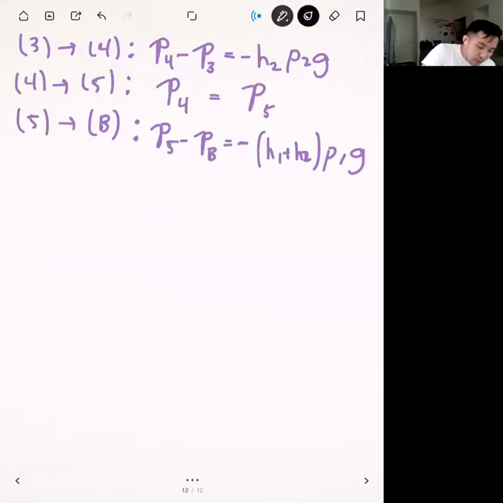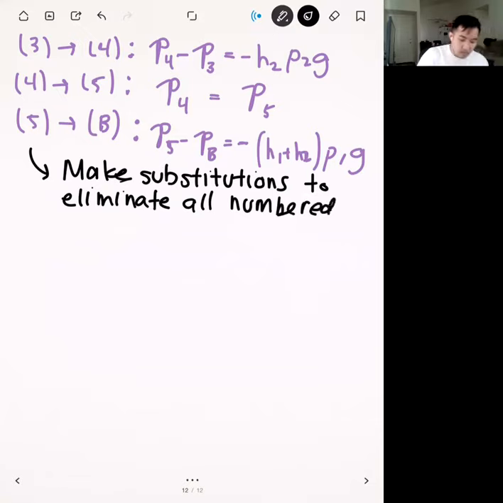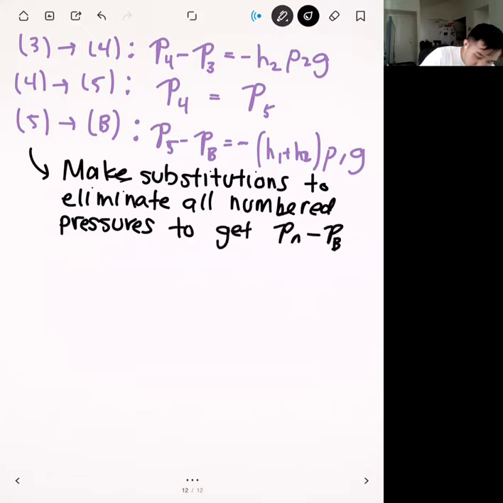And so now what we have to do is manipulate these equations and make substitutions until we get PA minus PB. So let's start that process.